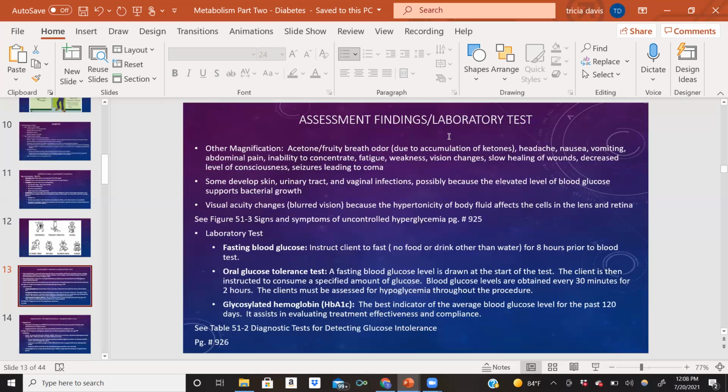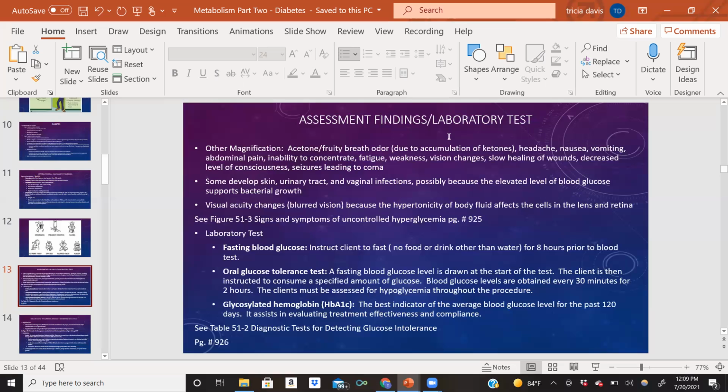After they drink that, we obtain blood glucose levels again every 30 minutes for 2 hours to see how their blood responds. It is very important that during this test, we assess these patients for the development of hypoglycemia to make sure that doesn't develop.